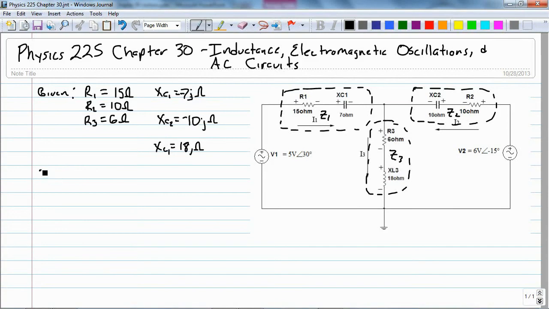So Z1 is going to equal R1 plus XC1, and that's going to be 15 minus 7J ohms. Z2 is going to be R2 plus XC2, and that's going to be equal to 10 ohms minus 10J ohms.